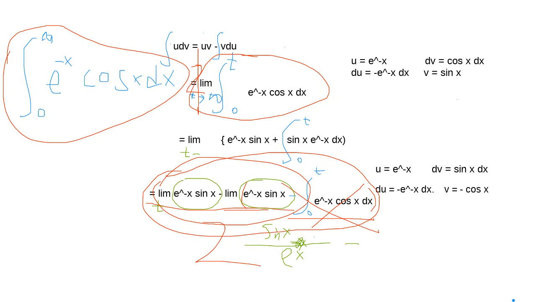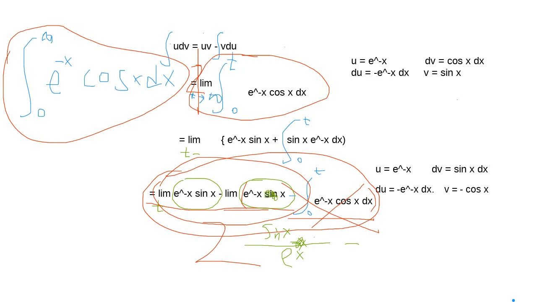No, it can't be right. It cannot be minus, because if it's minus, those two terms cancel. I think I made a mistake somewhere. Oh, yes, this is a mistake. This is supposed to be cosine x.